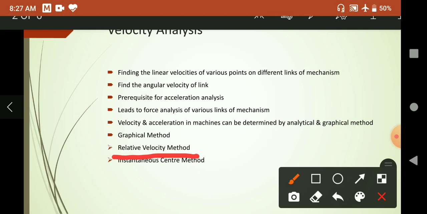The first link that we consider for the analysis is the driving link. Or in other words, we first consider the driving link for analysis, and then we will move on to the other links.